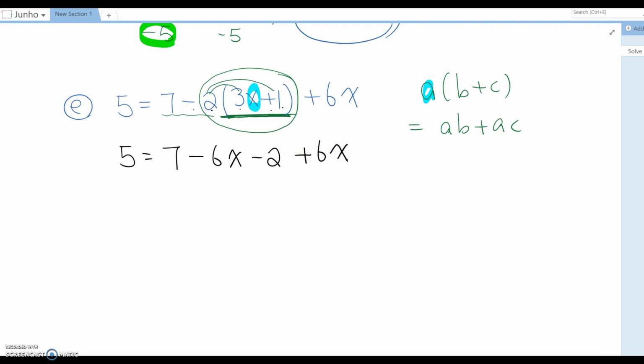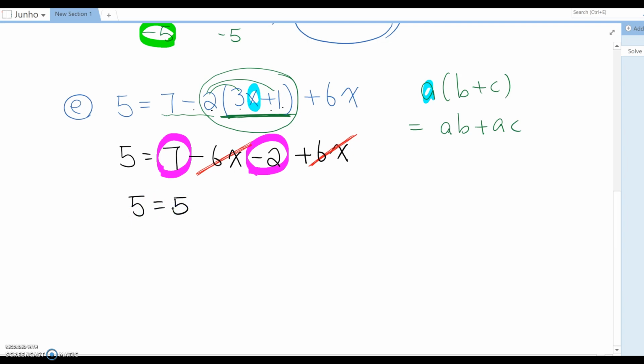So when you see this carefully, negative 6x and positive 6x will cancel out because they are opposite numbers. And after that, you simplify 7 and minus 2, then the final result becomes 5 equal to 5.